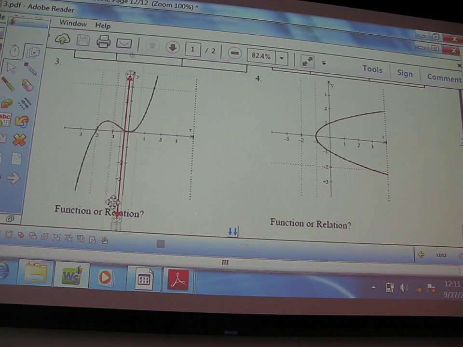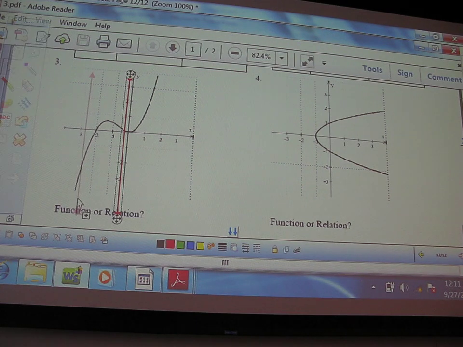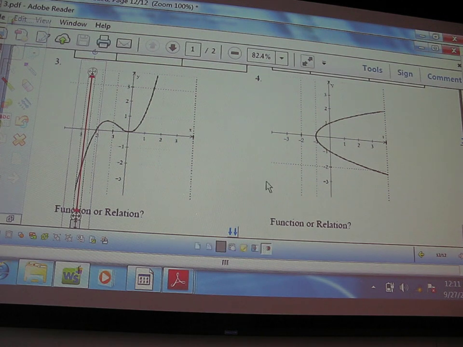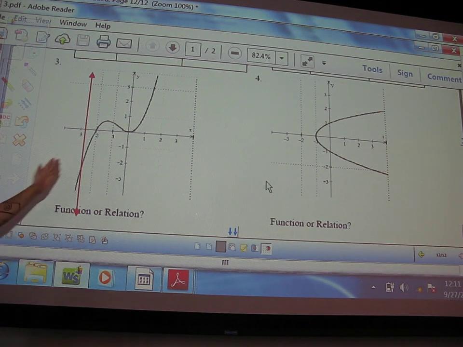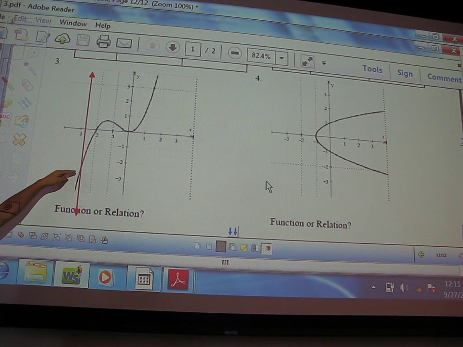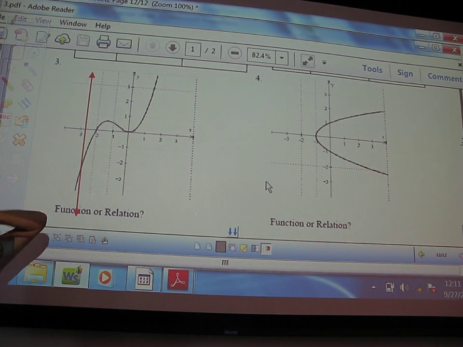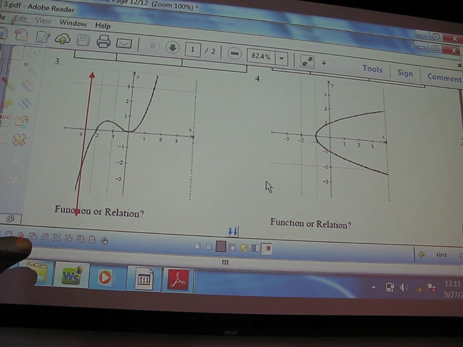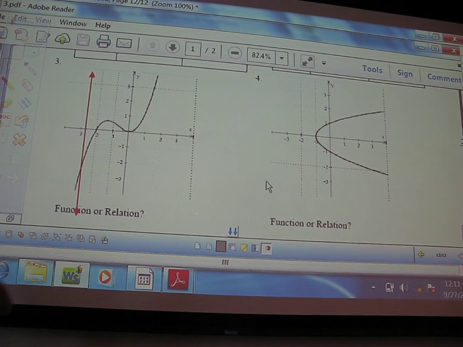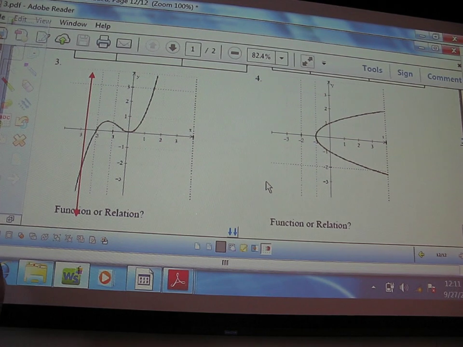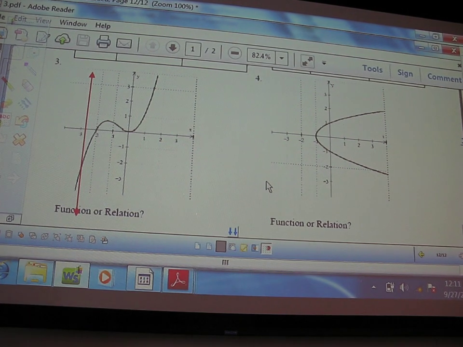Some people think, oh, as you get close to it, it hits more than once. We don't mean along here does it hit more than once. We mean does it hit it and then hit it again somewhere else? Like go away and come back to it. Do you guys understand what I'm saying? Is everyone good with that part? Okay. All right, go ahead.